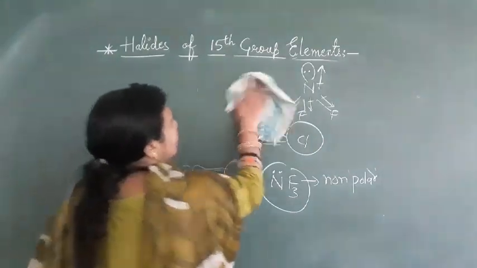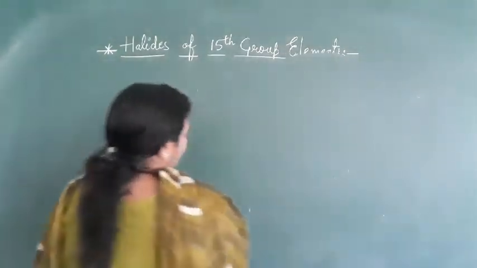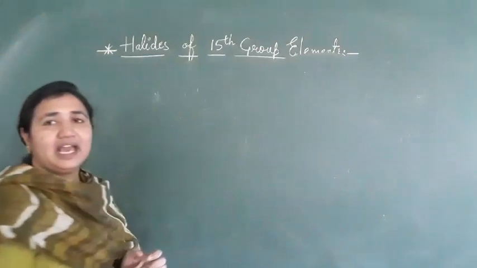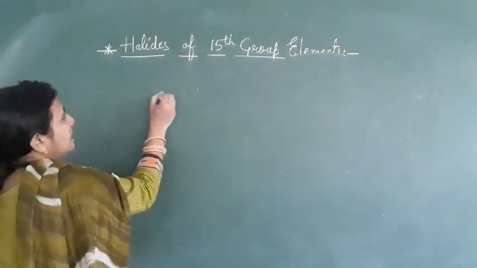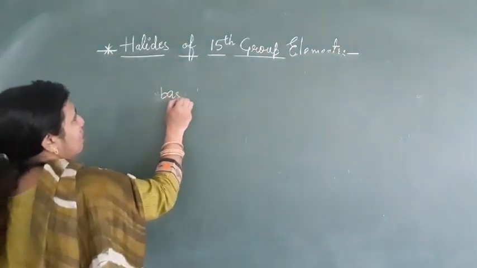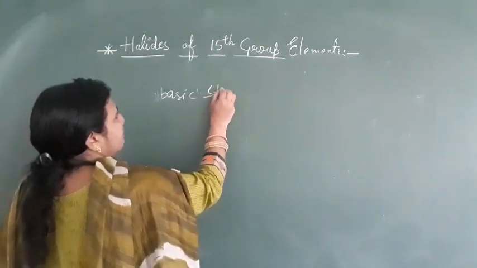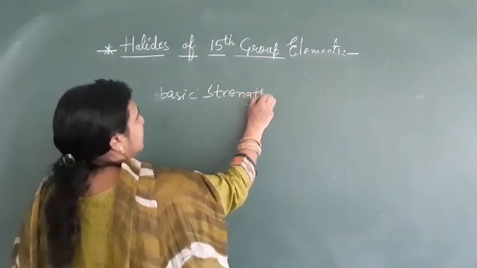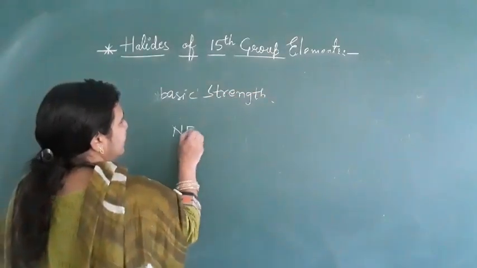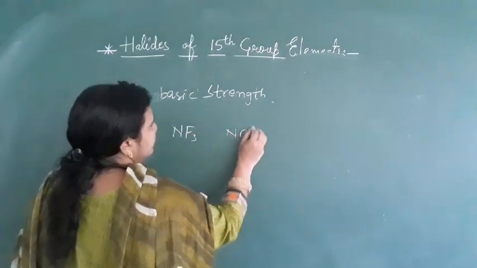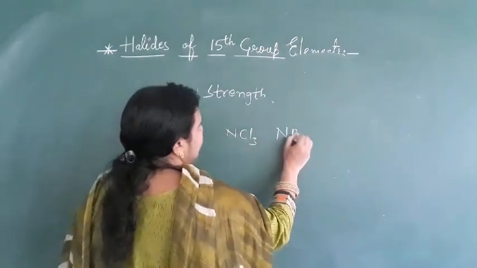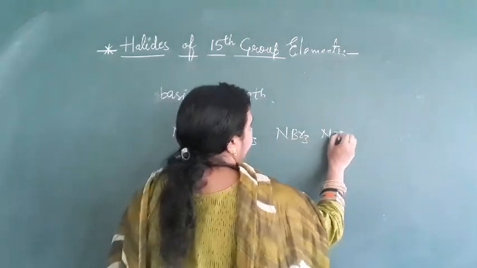I have already explained the basic and acidic strength of these halides in the online classes. So what will be the basic strength order for these halides? For nitrogen's halides we have NF3, then NCl3, NBr3, NI3.